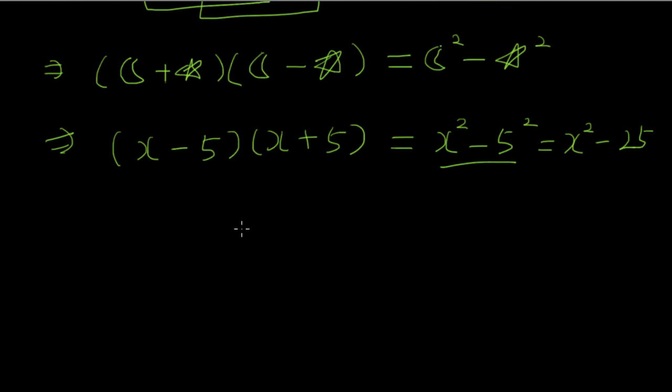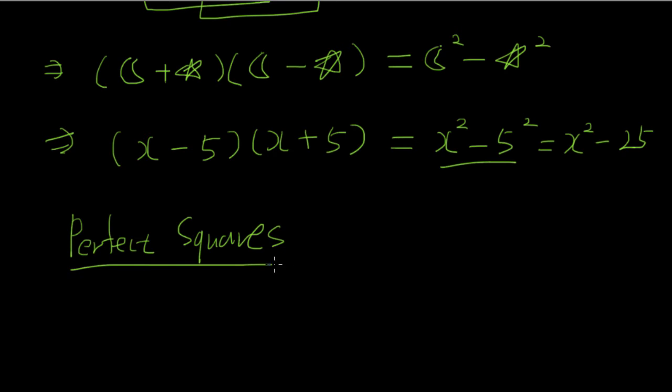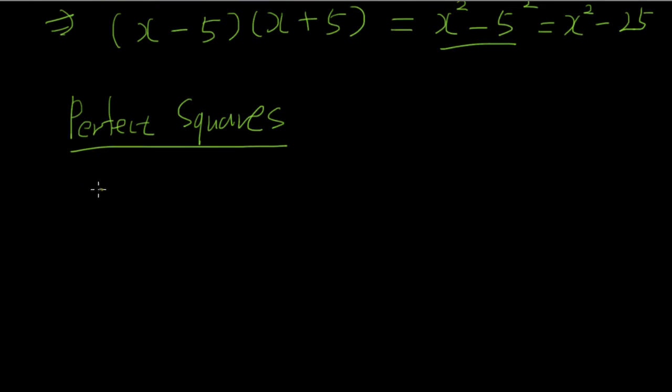Another formula that I like to mention is the perfect square, the square of a binomial. This formula goes something like this. Let's say you have (x plus y) squared.